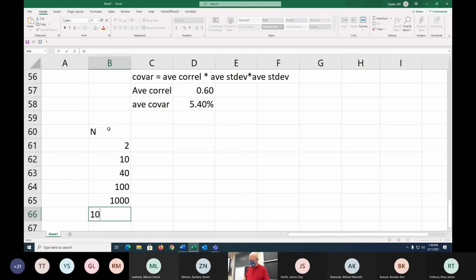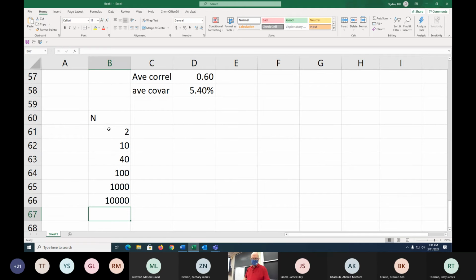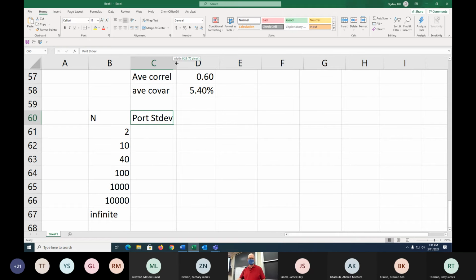Let's go to 10,000. And let's go to infinite. Now let's calculate the portfolio standard deviation.